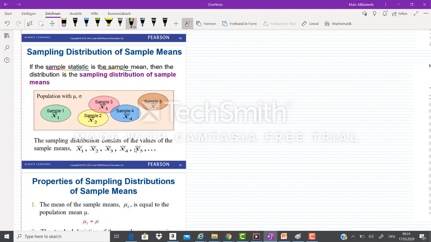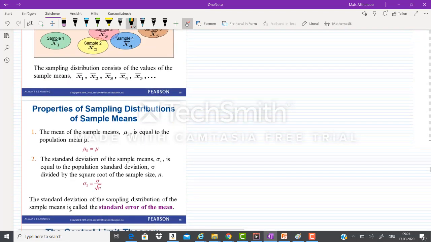This value of the sample mean will always have mean equal to mu x bar, and sigma x bar equal to sigma over root of n.